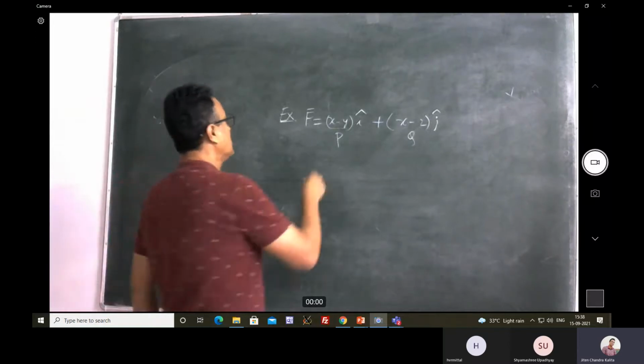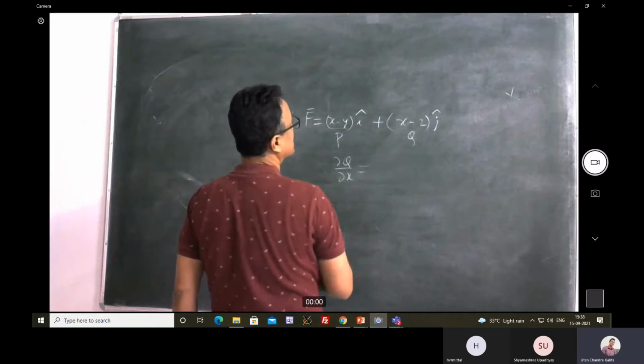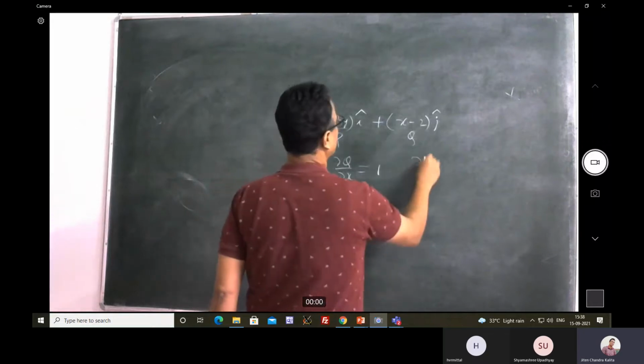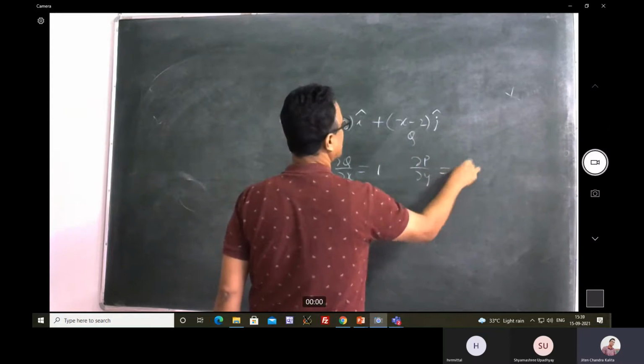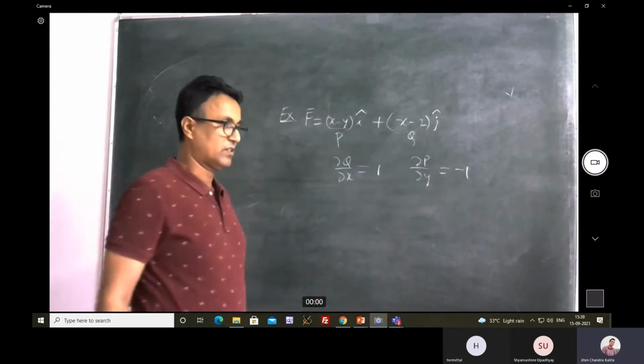Now, del q del x is 1, and del p del y is simply -1. They are not equal, so this is not a conservative vector field.